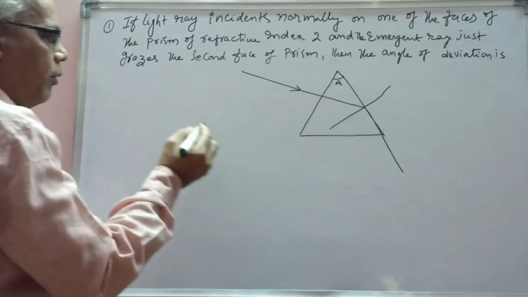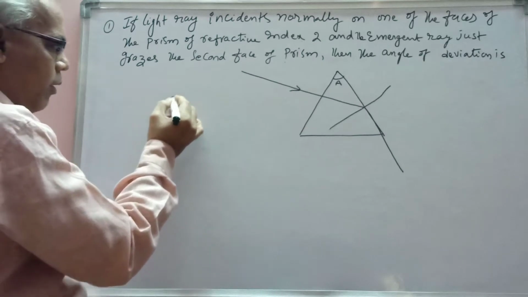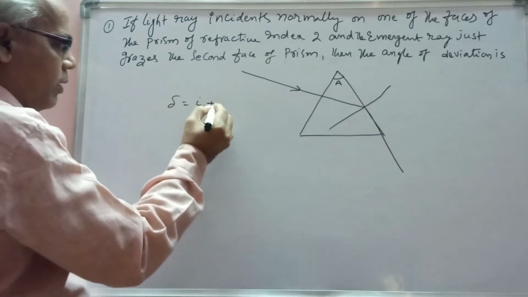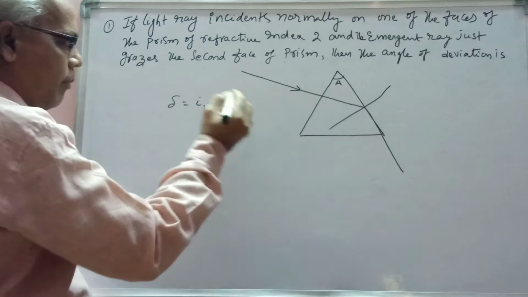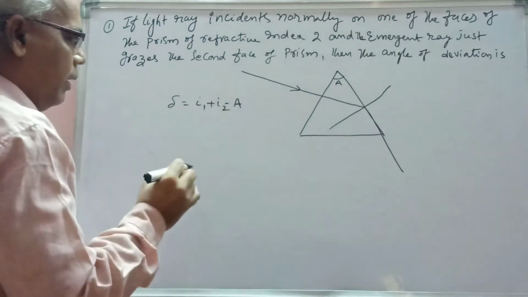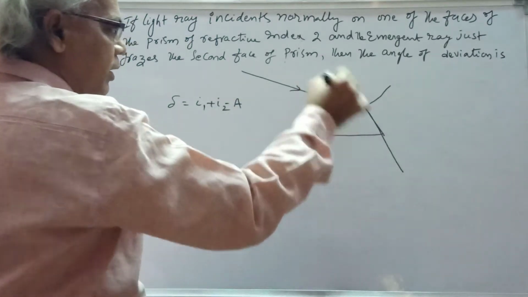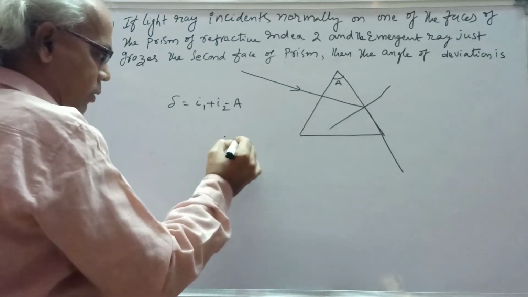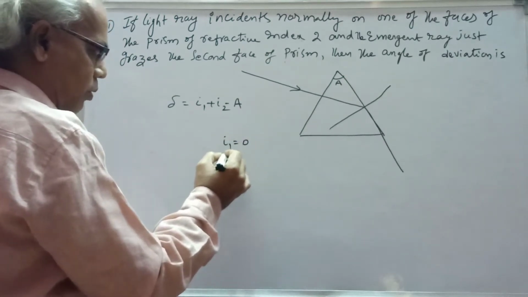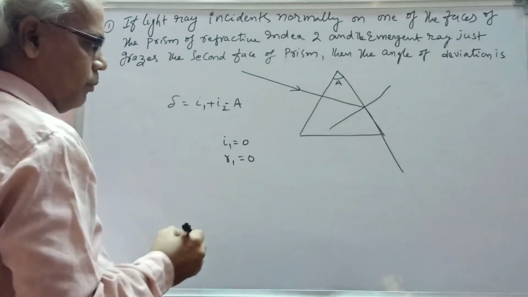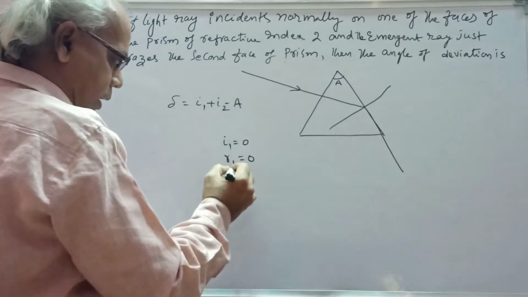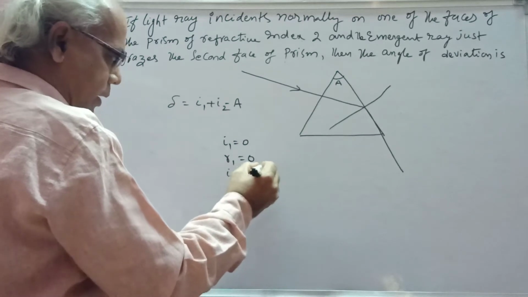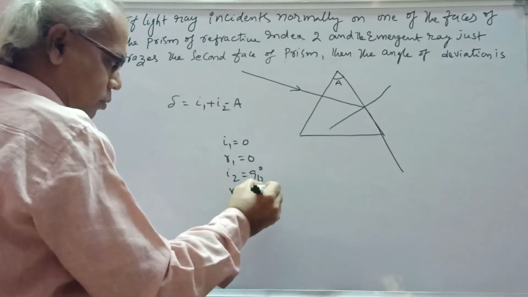Here we know the formula: delta is equal to I1 plus I2 minus A. In this problem, I1 is equal to 0, R1 is equal to 0, and I2 is equal to 90 degree and R2 is equal to C.